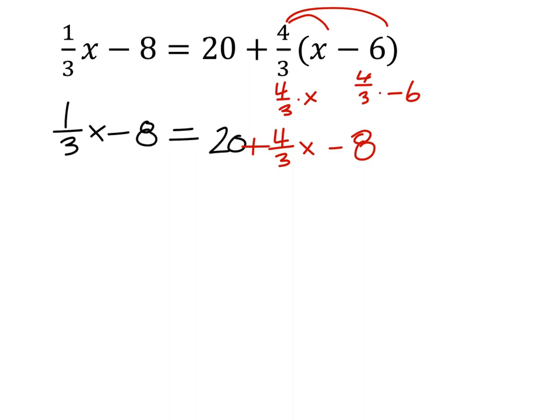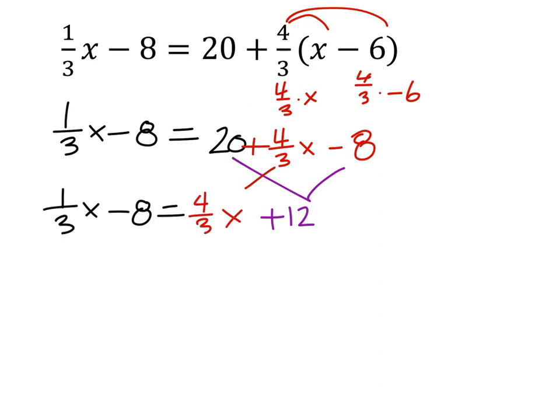Alright, we could combine like terms in this on the right side for now. So 20 minus 8 would be positive 12. Now I'm going to put the x's on the left side again and numbers on the right side just to remain consistent. Which means that minus 8 is on the wrong side of the equal sign. I'm going to have to add 8 to both sides here.